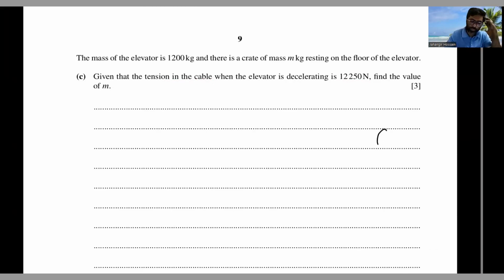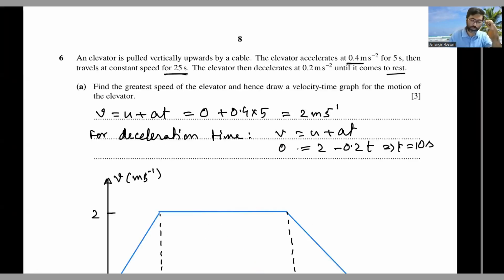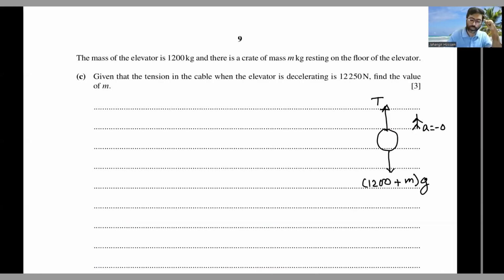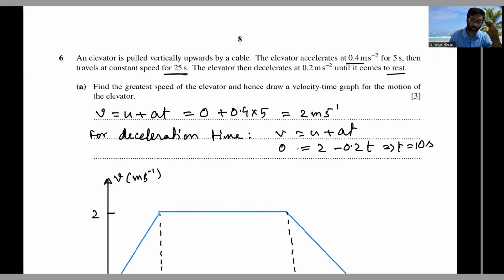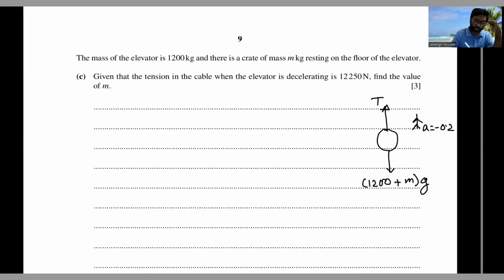Now, let's see what happens when it decelerates. There is tension coming from the cable. There is total weight, which is 1200 plus the mass of the crate times g, and it is moving up with deceleration, so acceleration is minus 0.2. If we apply Newton's second law here, it is moving up, F equal to ma.